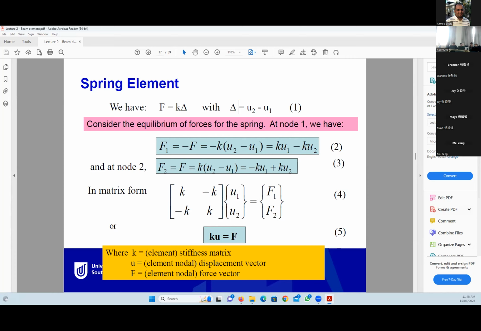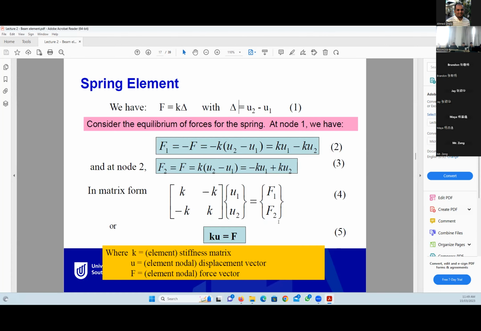This gives us Ku equal to F, where K is the matrix of the spring, which is K, minus K, minus K and K. U is the element nodal displacement, which is U1 and U2, and F is the element nodal forces, F1 and F2.